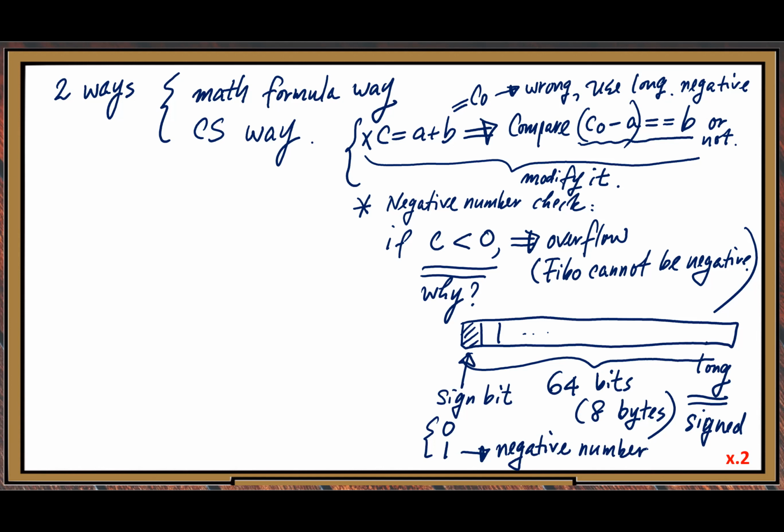Now, when you do C equals A plus B, A and B are very close to overflow, but not overflow yet.